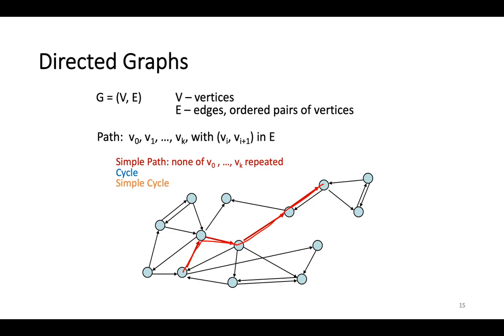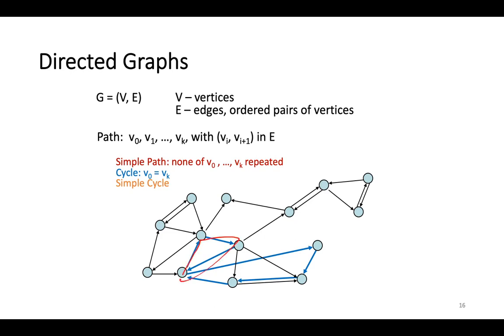So that's why this is a simple path. If you have some repetition, we can call that a cycle. Actually, cycle means vertex 0 and vertex k are the same. That means the starting point and end point are the same. So we can say this is a cycle.